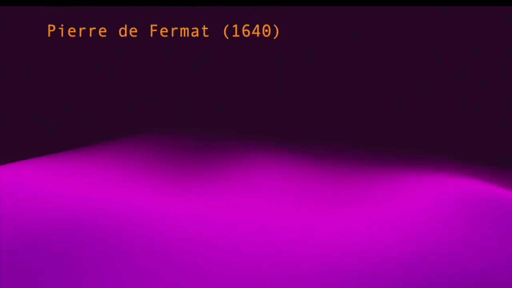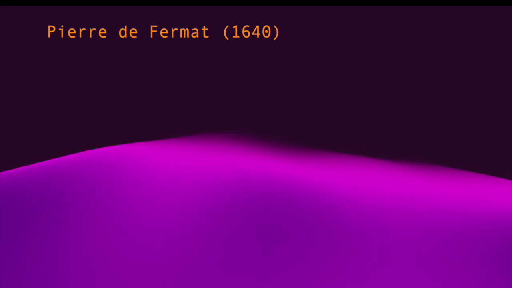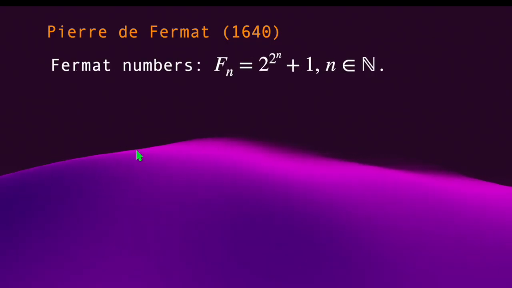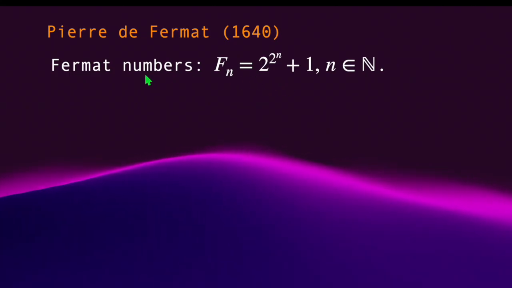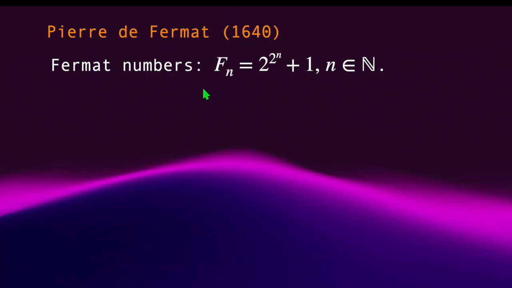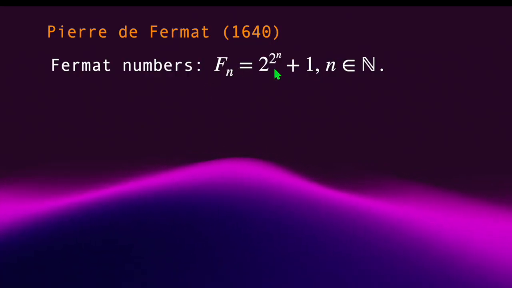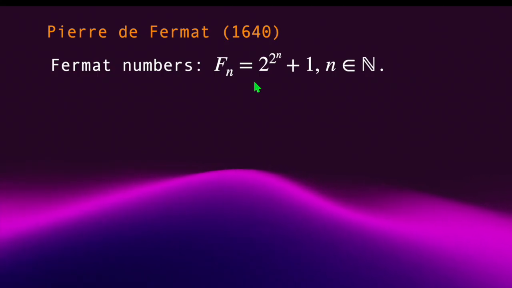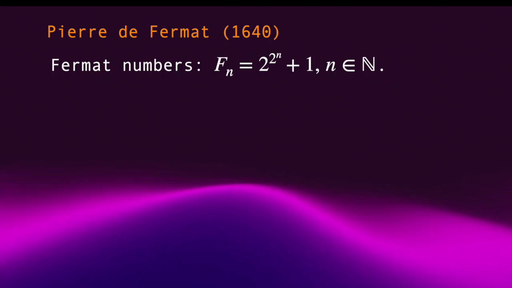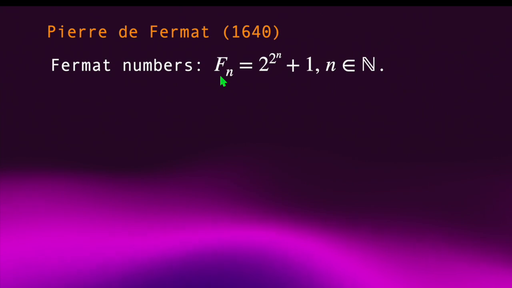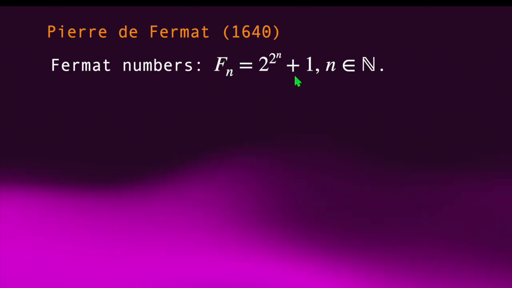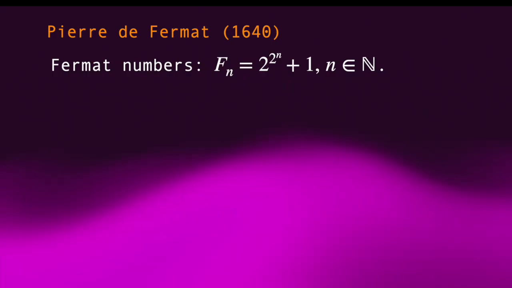Now we will tackle Pierre de Fermat's proof. Fermat considered this sequence of natural numbers known as Fermat's numbers, and he claimed that these numbers are prime. So since there are infinitely many such Fn, he deduced that the set of prime numbers is infinite.